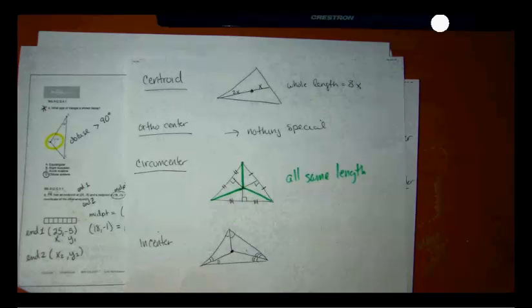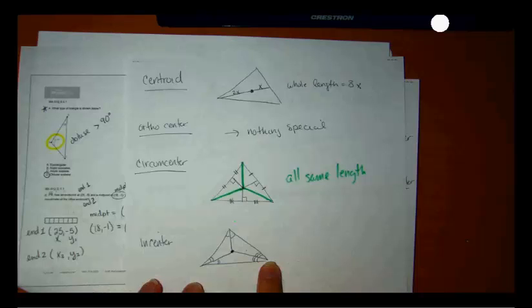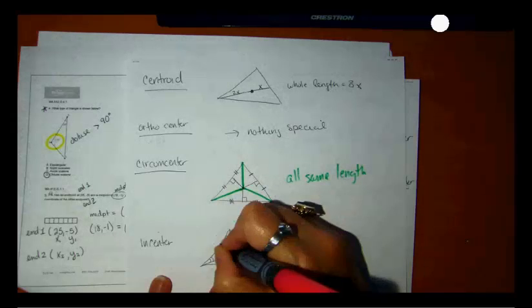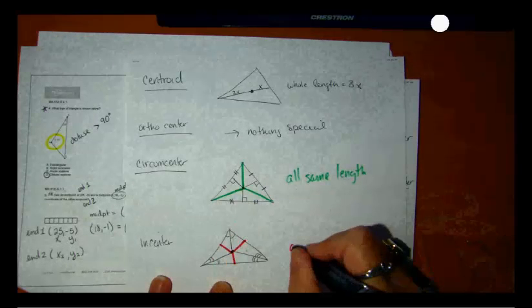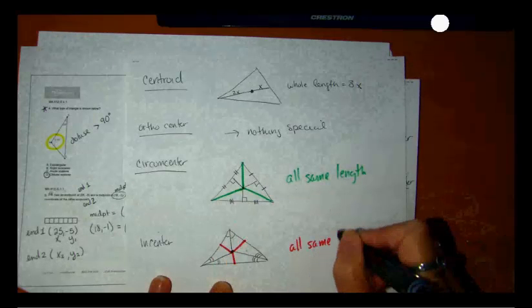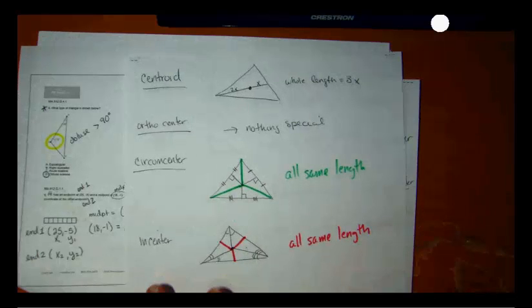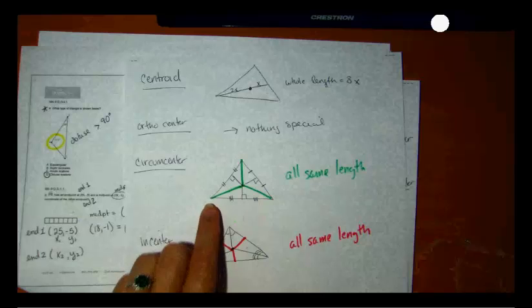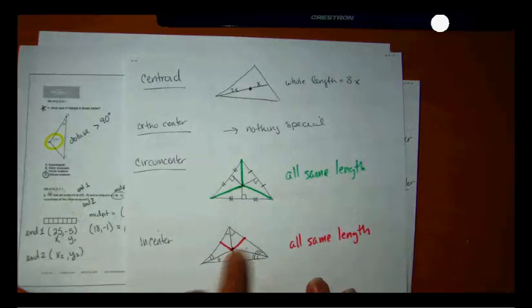Okay. With the incenter, all of the angles are cut in half. That's the angle bisectors. And then these lines are the same length. So if you bisect the sides, you get lines to the angle that are the same. If you bisect the angle, you get lines to the side that are the same.